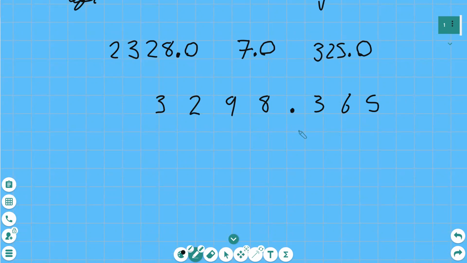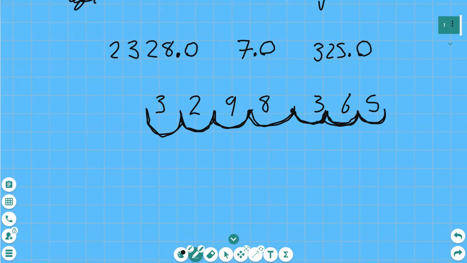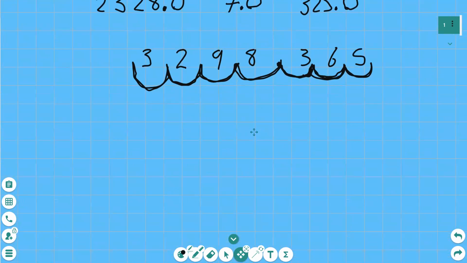So decimal points move between the numbers. If this decimal point decided to move, it would do that. Beep, beep, beep, beep, beep. It would be moving between the numbers before it decided where it was going to stop. Okay, that's quite important. And it's nice to think of the decimal point moving in little loops like that. So that's how the decimal point is going to move.